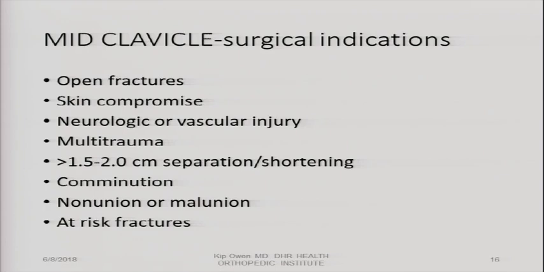Neurologic or vascular injuries, multi-trauma, greater than 1.5 to 2 centimeters overlap or vertical translation can get into a situation that may exceed the body's ability to actually heal the fracture. Comminution's another potential indication. If you already have a non-union or a malunion, it's a surgical indication. And then fractures that fall into that risk of becoming malunions or non-unions.